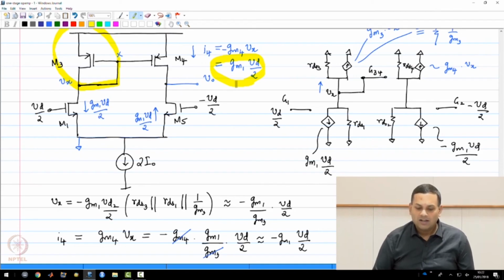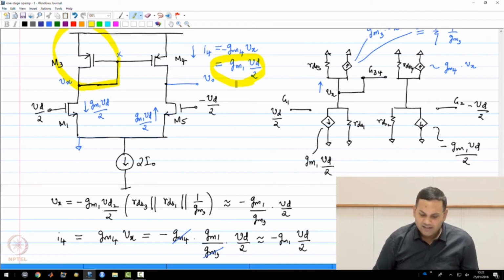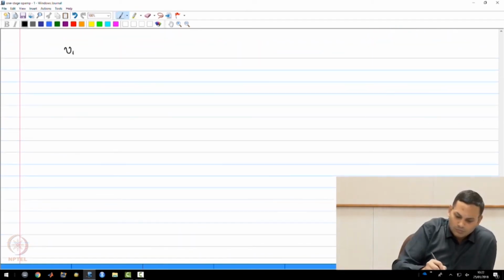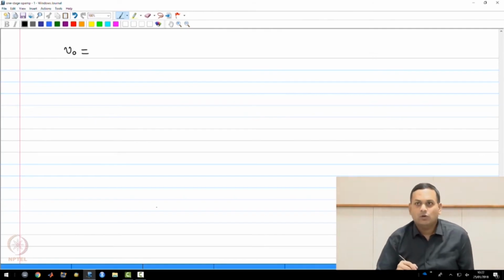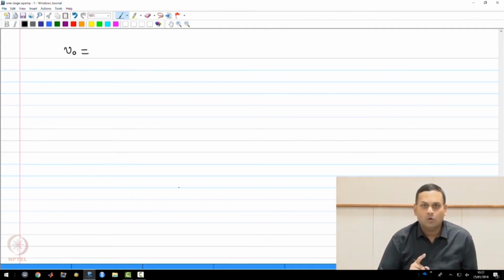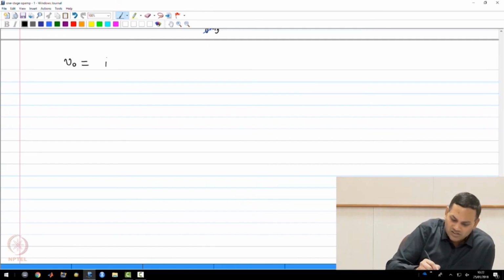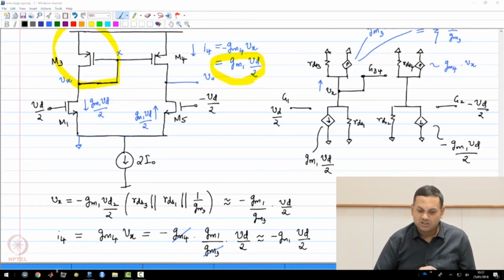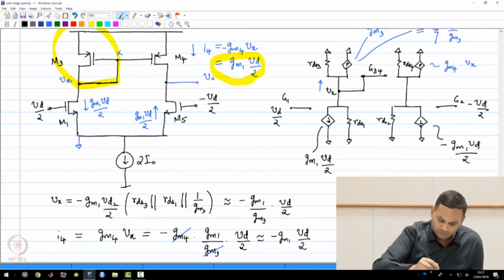Okay, so now it turns out the voltage at node Vout is equal to the sum of all currents flowing into that node, which is I2 plus I4. So I have now changed the direction, so note that I4 is flowing downwards.